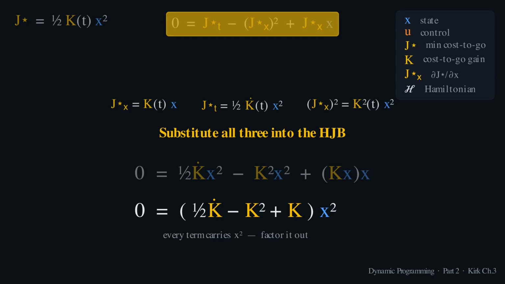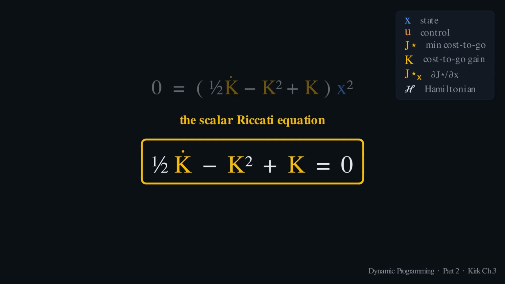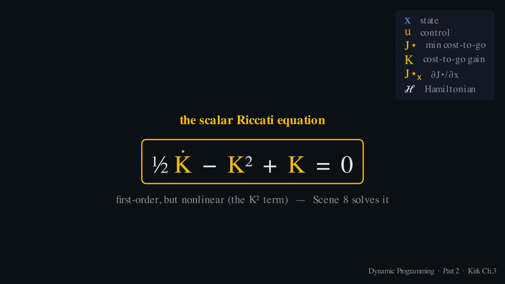Factor it out. And here is the magic. This has to hold for every possible state x. The only way a bracket times x squared can be 0 for all x is if the bracket itself is 0. So the x squared divides away and what remains is a pure equation in k alone. 1/2 k dot minus k squared plus k equals 0, with k equal to 1/2 at the final time. That is the Riccati equation.